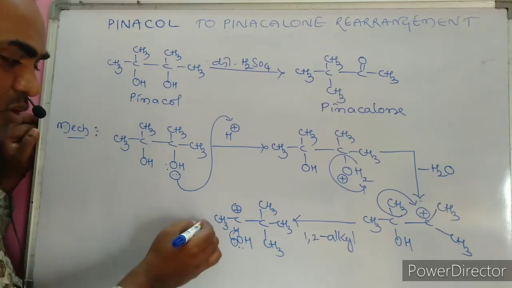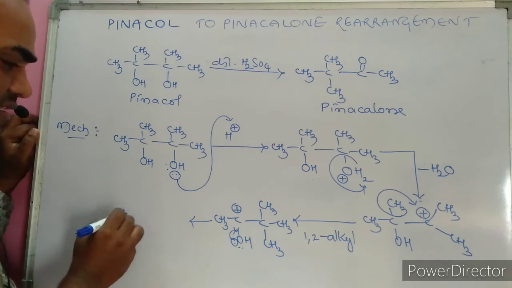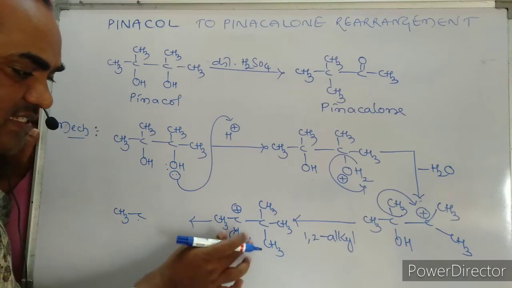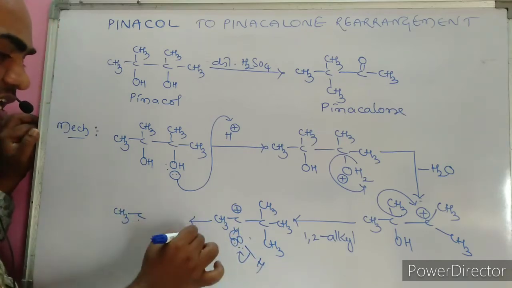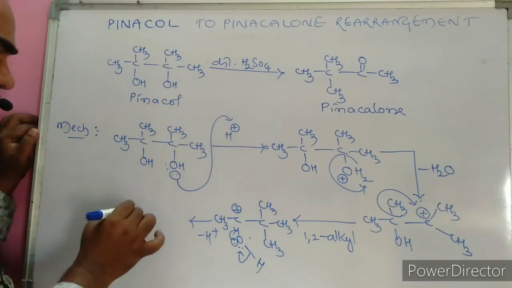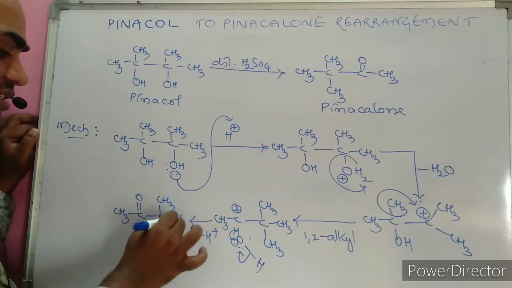As a result, a double bond is established between them, CH3C double bond O, oxygen carries its electron. Then immediately by the loss of the H plus ion, whatever we added initially, that is eliminated at the end of the reaction. C double bond O, CH3 and CH3.